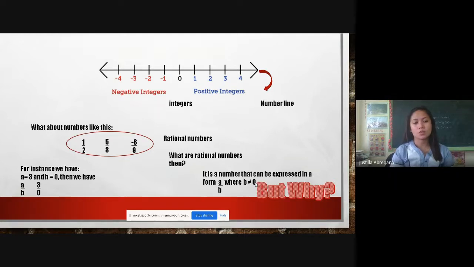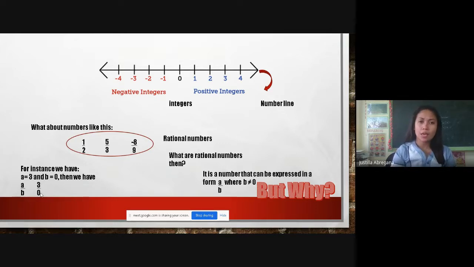For instance, a is equal to 3, and b is equal to 0. So we have a over b. We substitute the given values, 3 and 0. So 3 over 0 means 3 divided by 0.